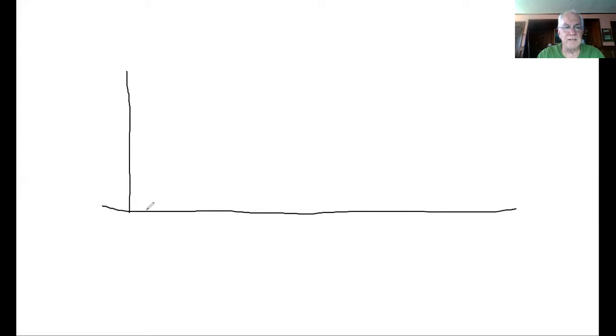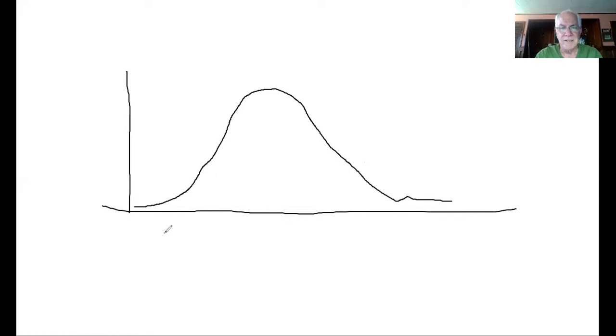Typically with continuous data, and you've got this axis, what most often happens is you get something that looks something like this, without the bumps. And that's a little skewed. I'm trying not to skew it here, but look at my drawing skills.